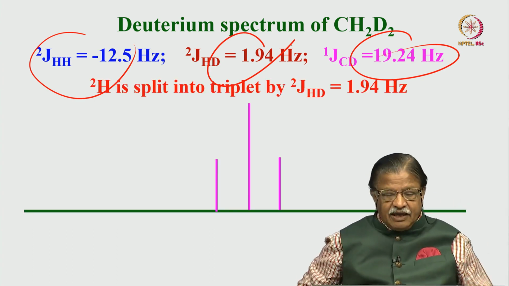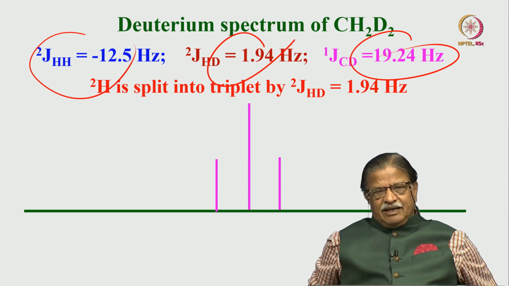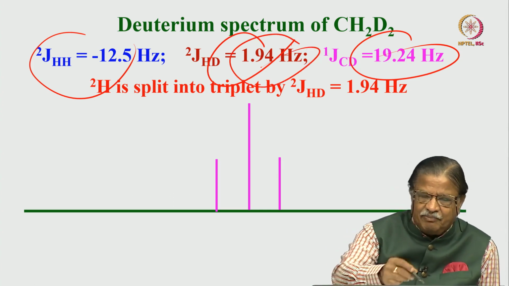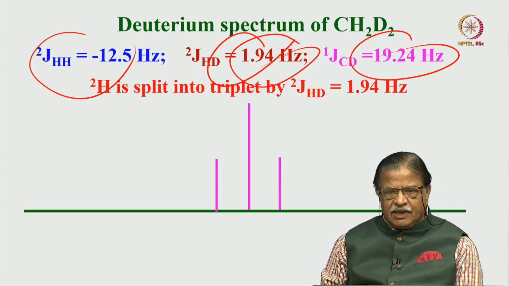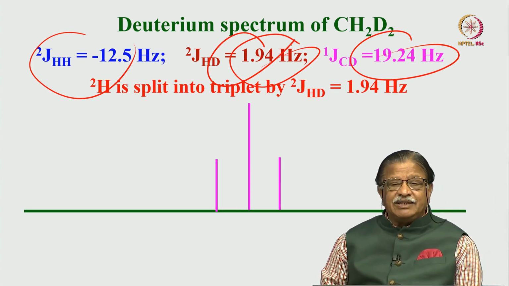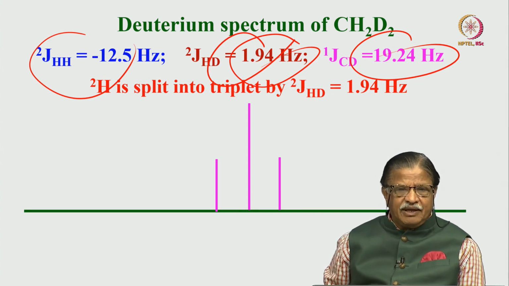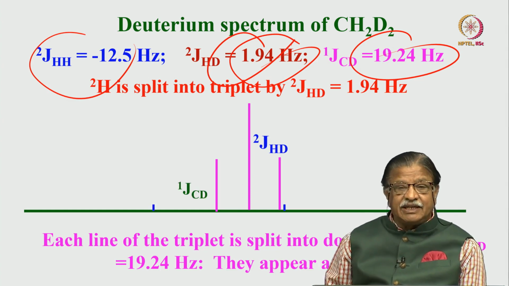First of all, it is going to be a triplet. Deuterium coupled to proton will be a triplet, and the coupling is very small. JHD coupling is only 1.94, but I have written it like this just to make you understand. I got a triplet, but each line of this triplet is split by carbon 13, and this is a satellite.